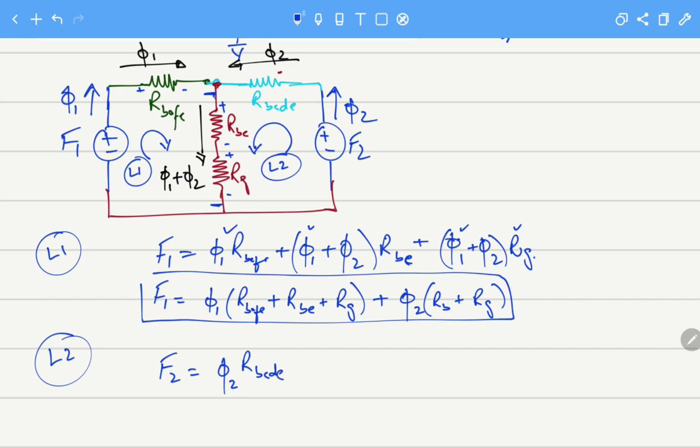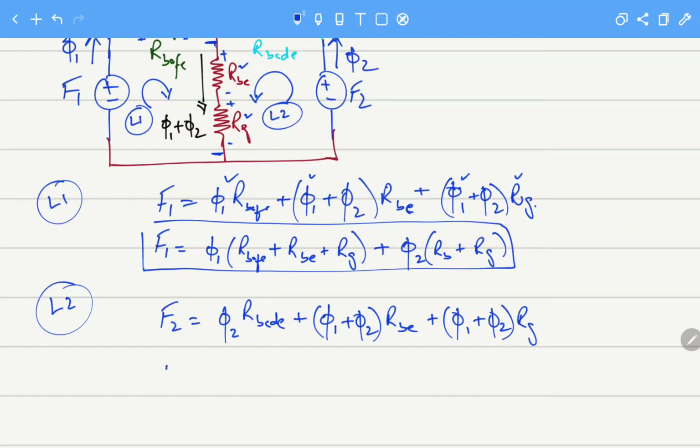Then we will add again the drop across this and this. So L2 is this loop. We have flux 1, flux 2, RBE plus flux 1, flux 2, R of G.